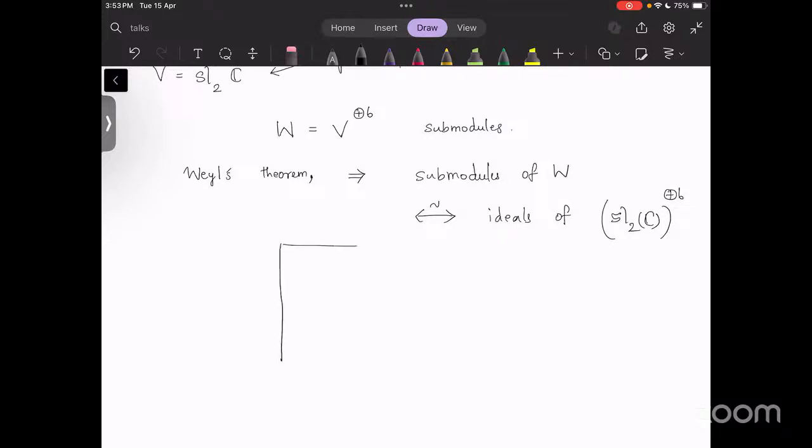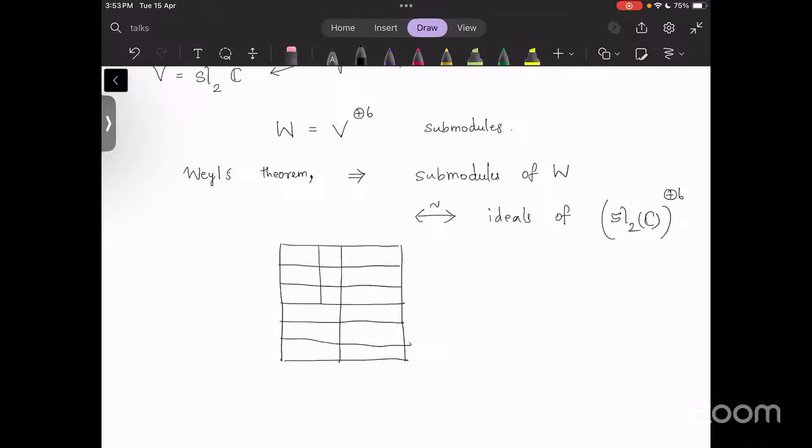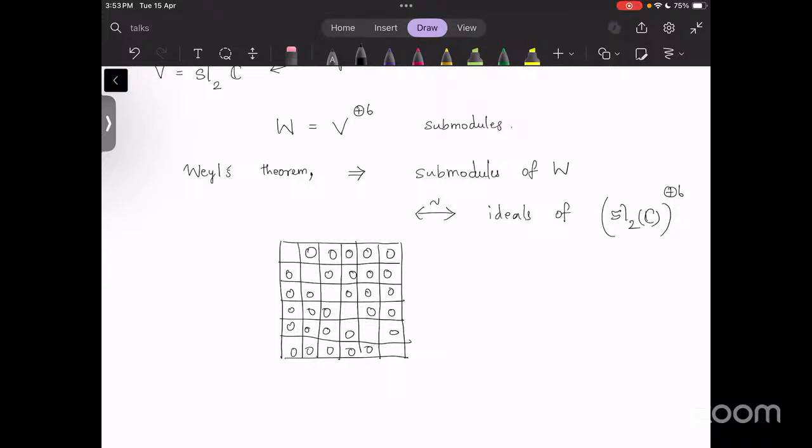You think of this as a 6 by 6 block matrix, where each non-diagonal block is 0, and each diagonal block is a copy of SL2C, a 2 by 2 matrix.